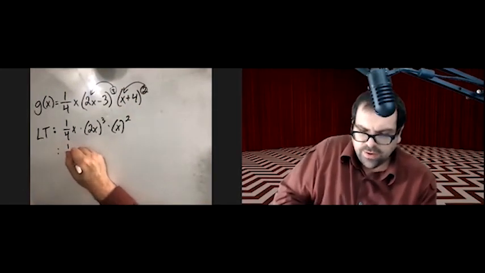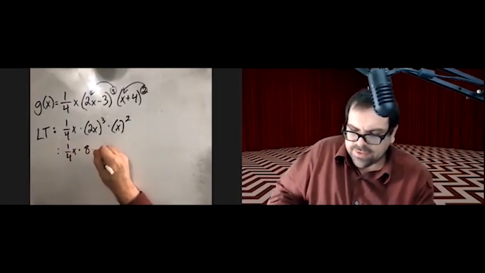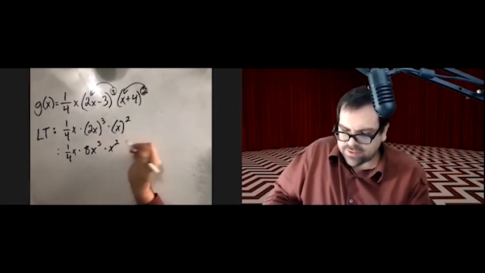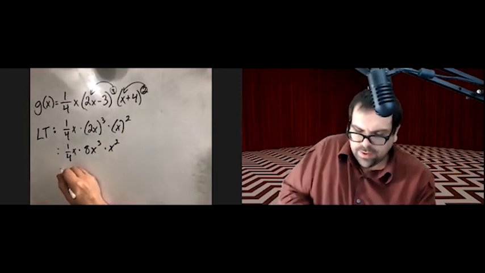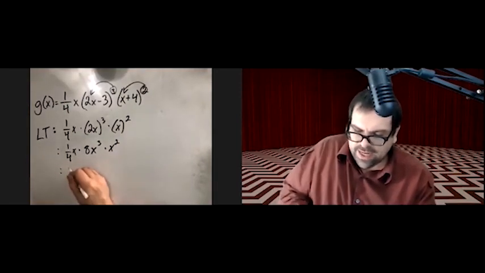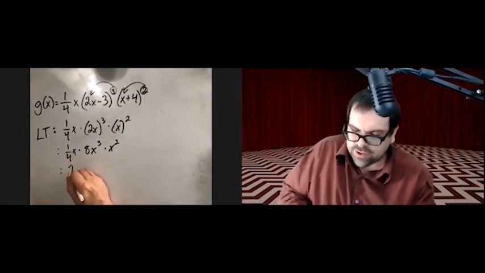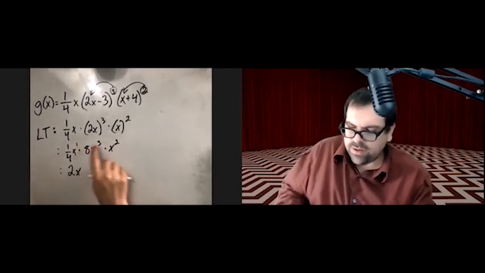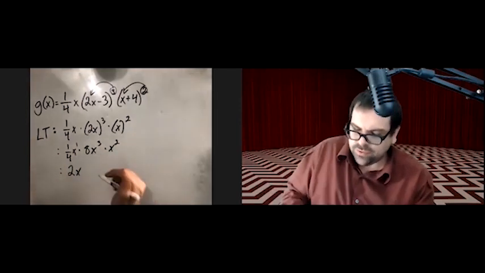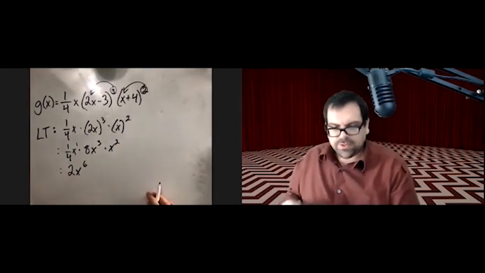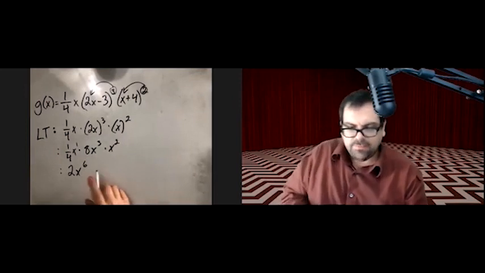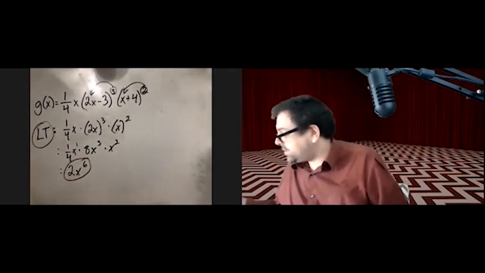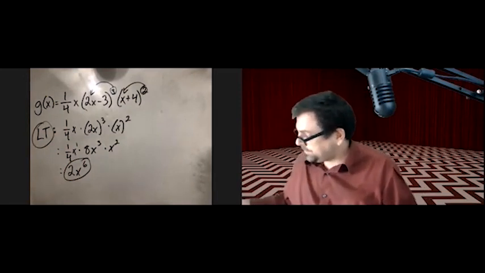This is going to be a 1/4 x times an 8x cubed times an x squared. 1/4 times 8, it's 8/4, that's 2x to the, add the exponents. 1 plus 3 is 4 plus 2 is 6. So our leading term is going to end up being a positive 2x to the 6th.